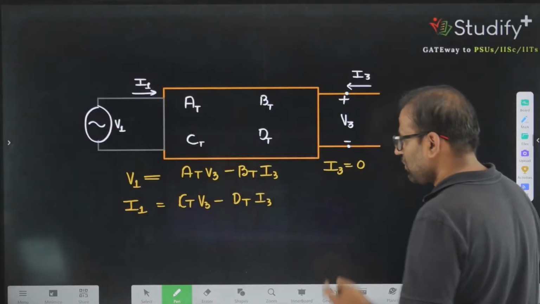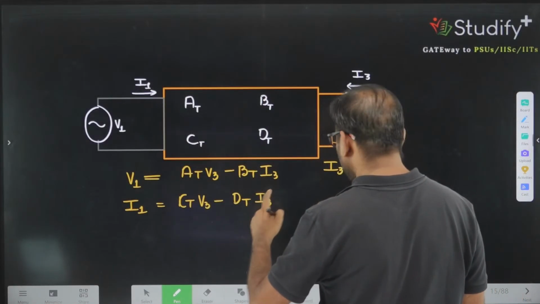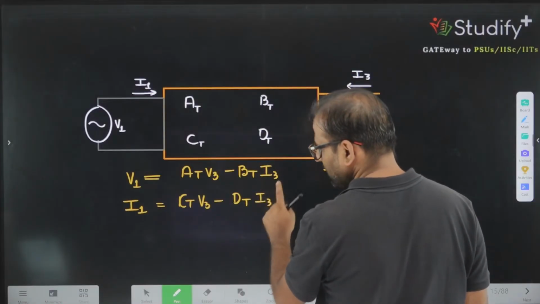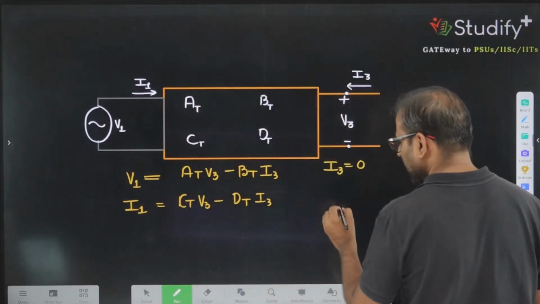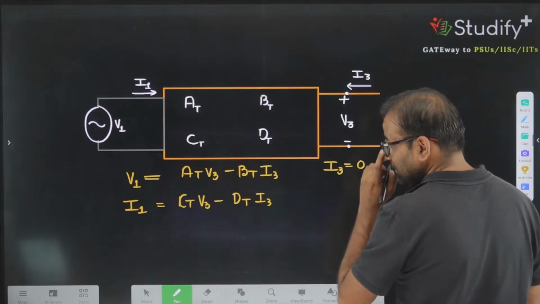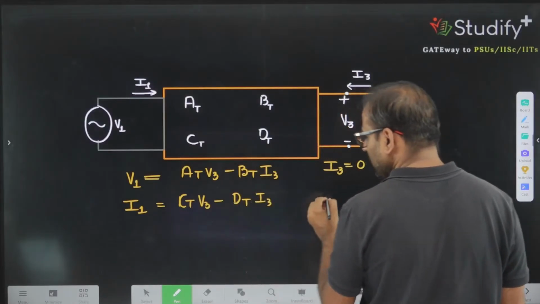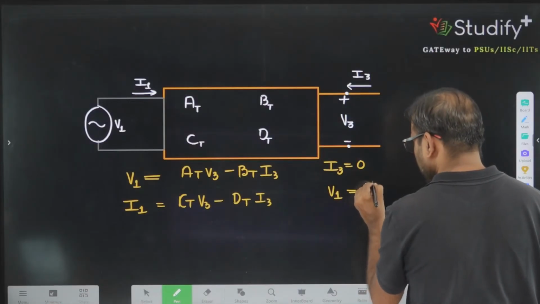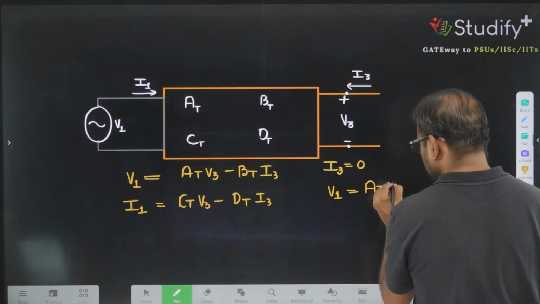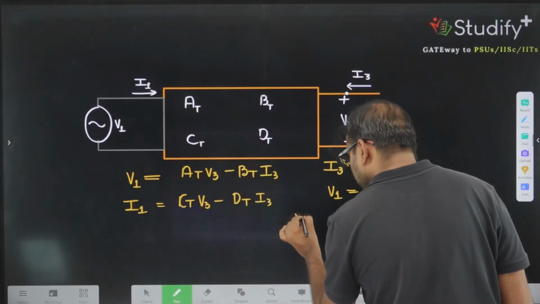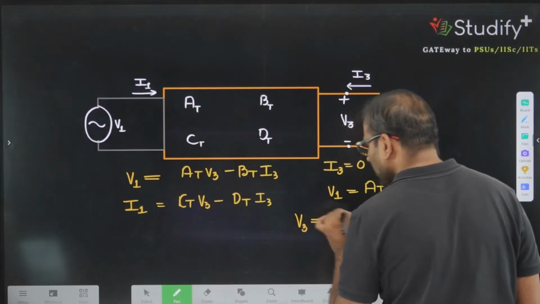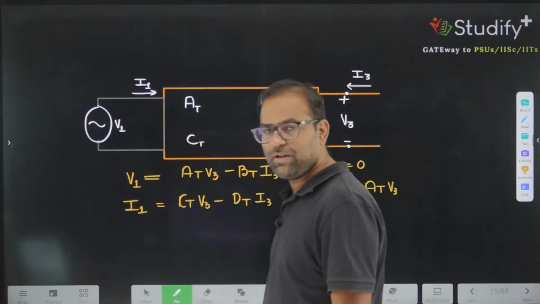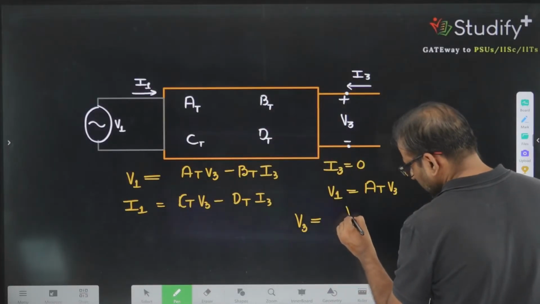So if I3 is 0, this value is 0, and V1 is equivalent to AT into V3. And what is V3? V3 is nothing but your supply. V1 is your supply. So this is V1 divided by AT.